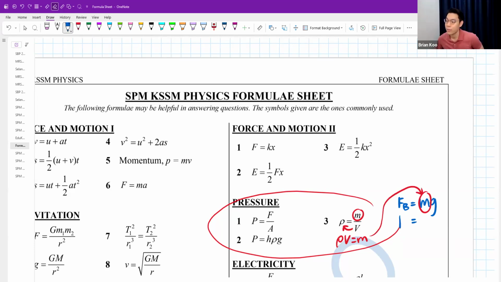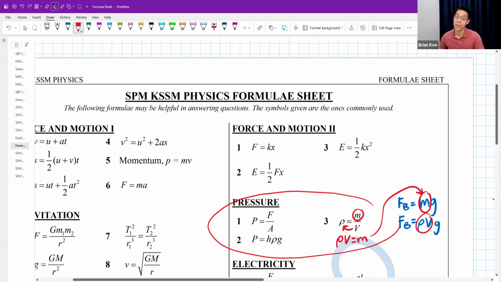So this is just to remind you how we get the formula for buoyant force. Buoyant force equals weight. Weight is mg of water displaced, weight of fluid displaced. Mass is density times volume. That's why buoyant force is rho vg, or v rho g also can.